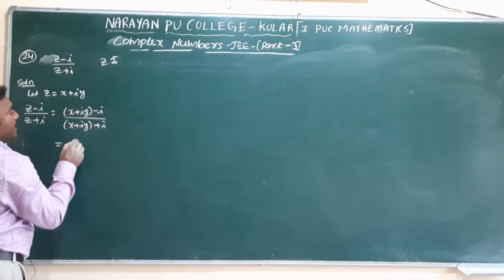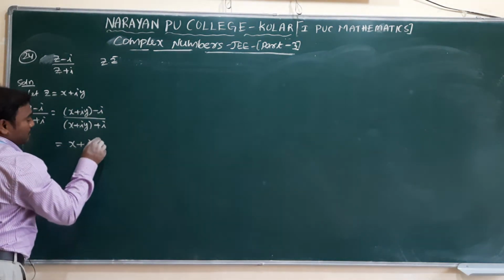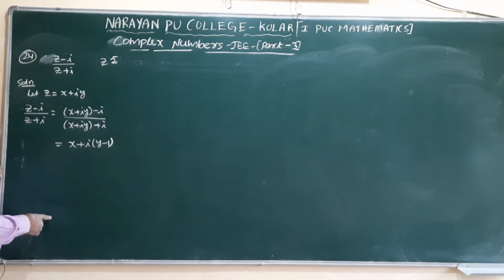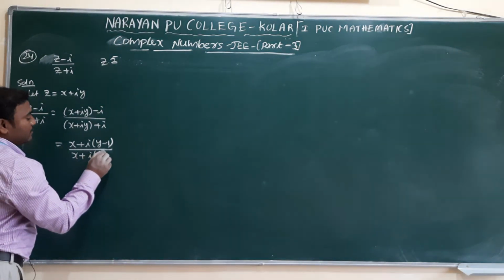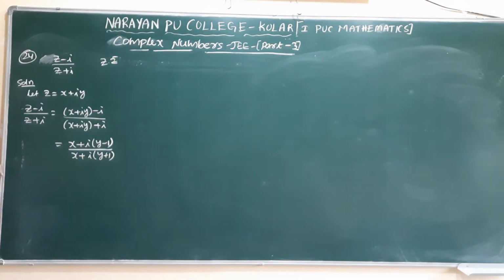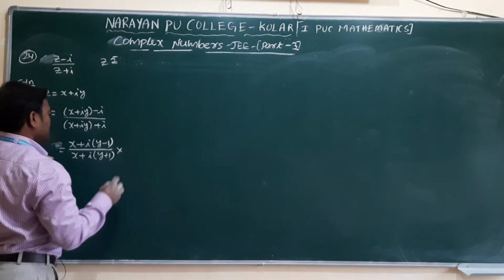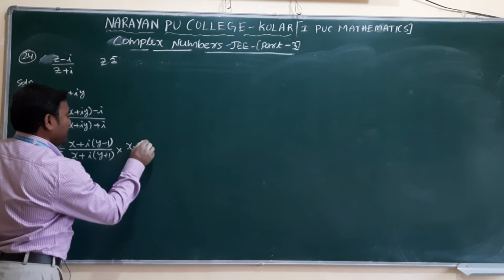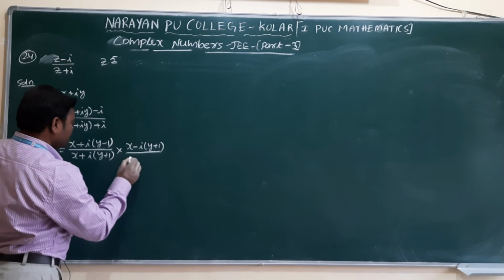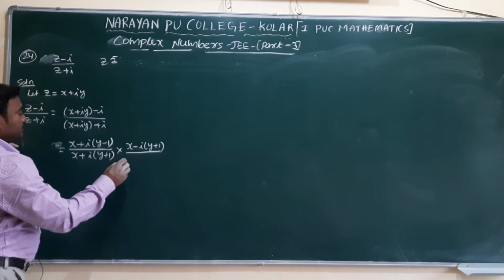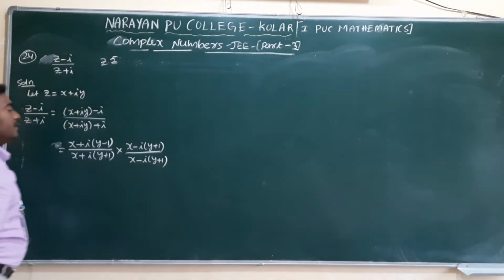Here, taking i common, x plus i(y minus 1) divided by x plus i(y plus 1). So rationalize here. What we get: (x minus i(y plus 1)) in the denominator multiplier.